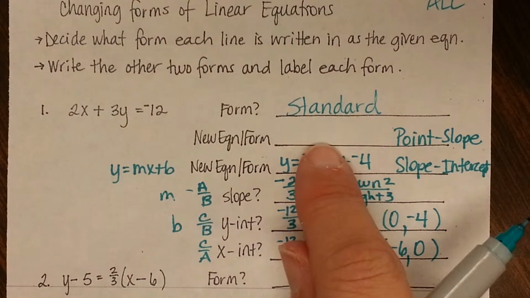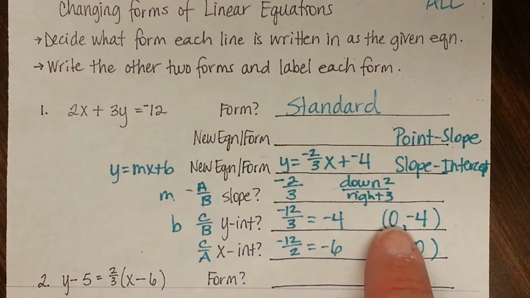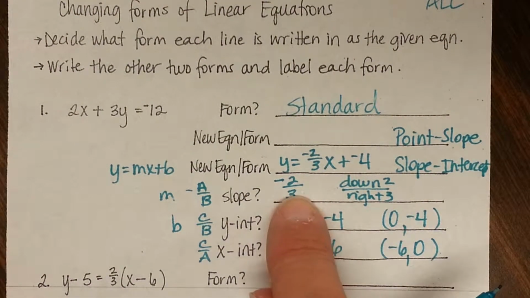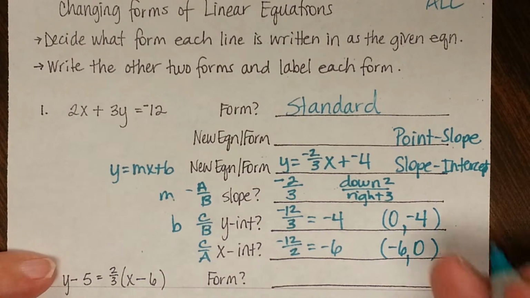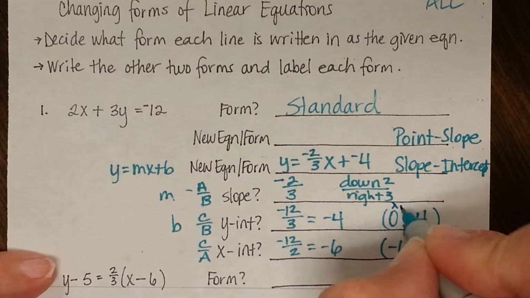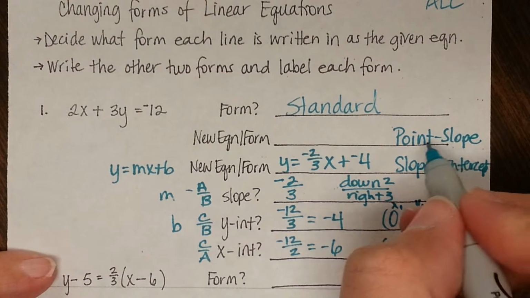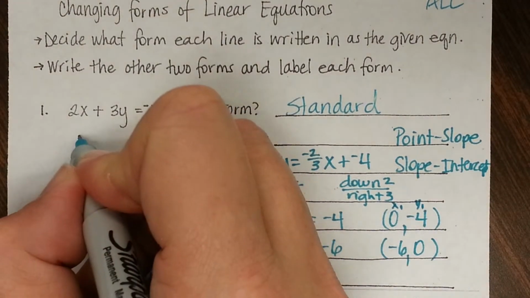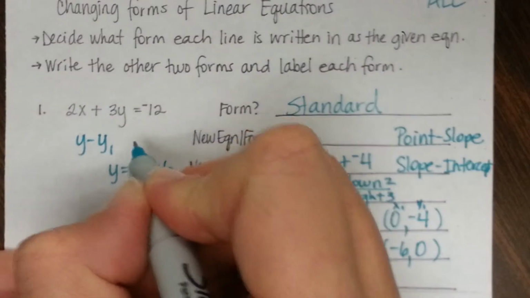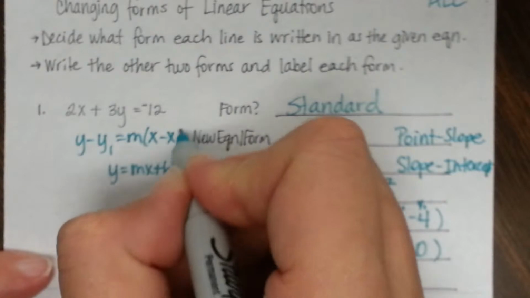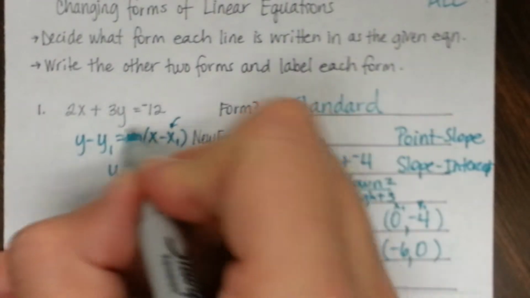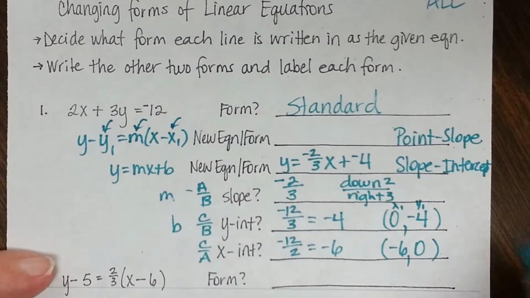Next, I need to write an equation in point-slope form. Notice I have a couple of points down here, and I already know my slope. So I'm just going to pick one of these points. I'm going to just take this top one, labeling it x1, y1. Remember, for point-slope form, we fill in y minus y1 equals m, open parentheses, x minus x1. So I'm filling in the x1, the y1, and the m.